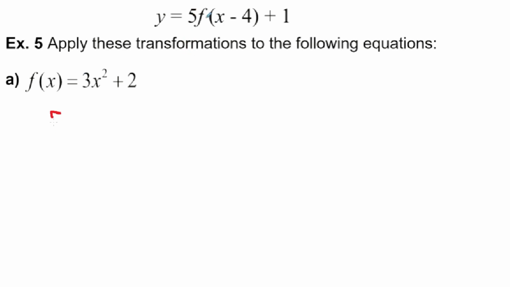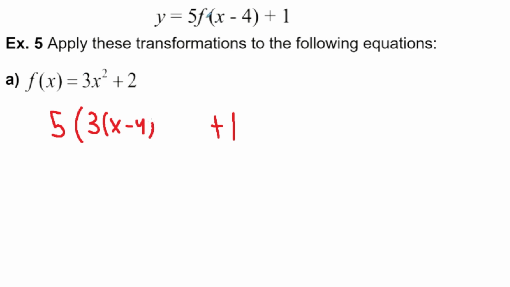So let's just do our 5 and our plus 1. Because the stretch here and the translation here only affect the y values, correct? So let's just keep them outside. And everything inside, so f of x minus 4, that's going to be our actual function.